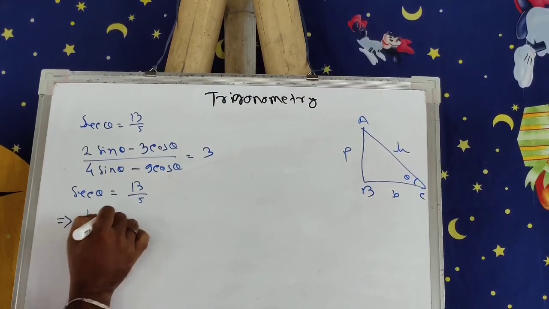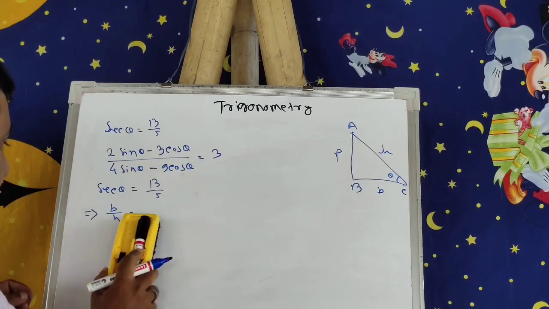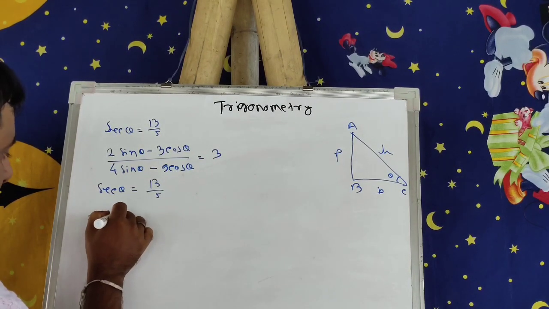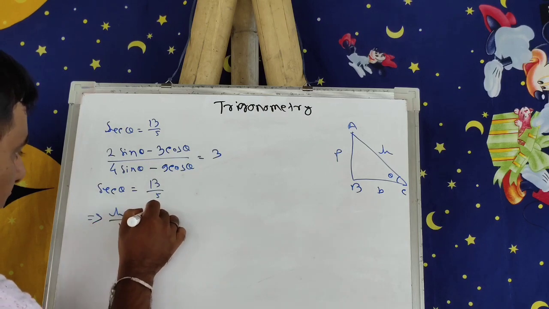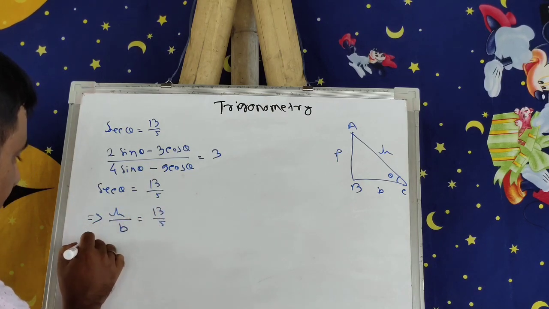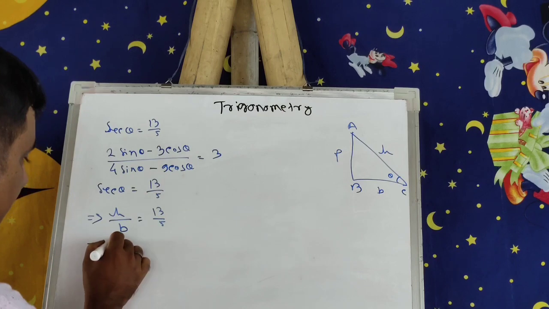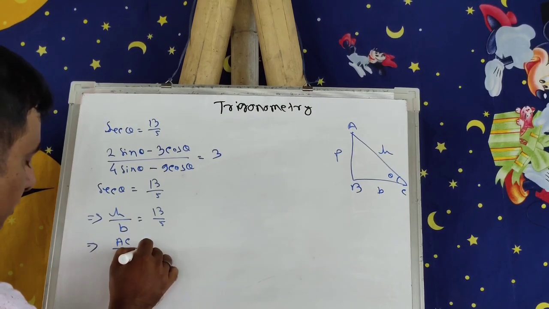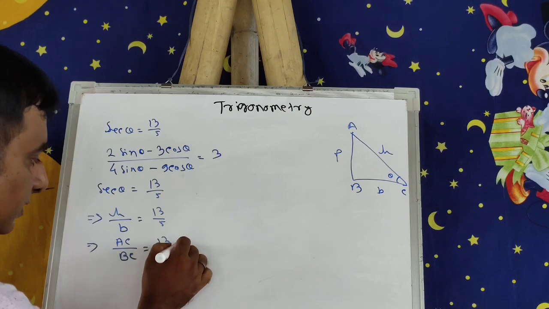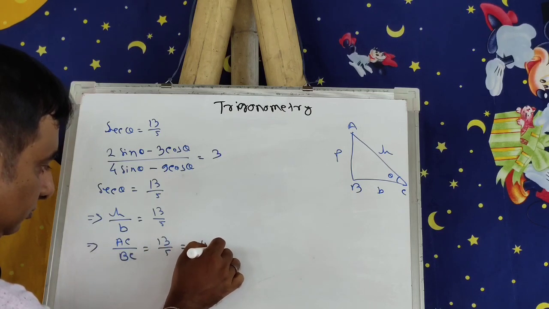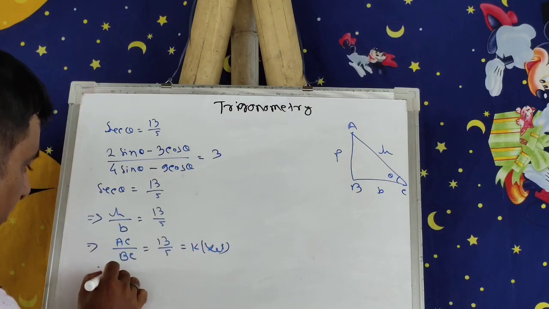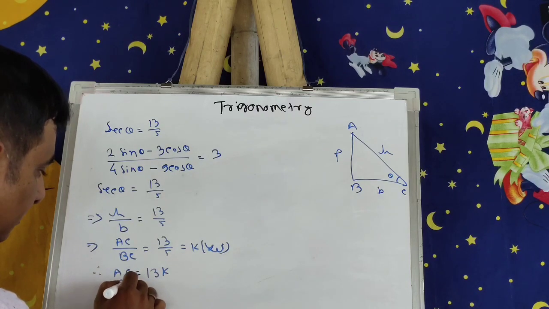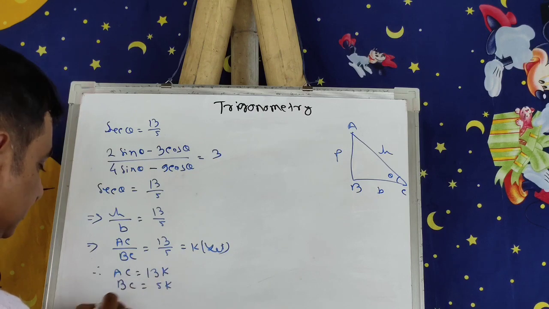H by B, sorry, H by B is equal to 13 by 5. This implies H means AC by B means BC equal to 13 by 5 equal to K. Therefore, AC equal to 13K and BC equal to 5K.